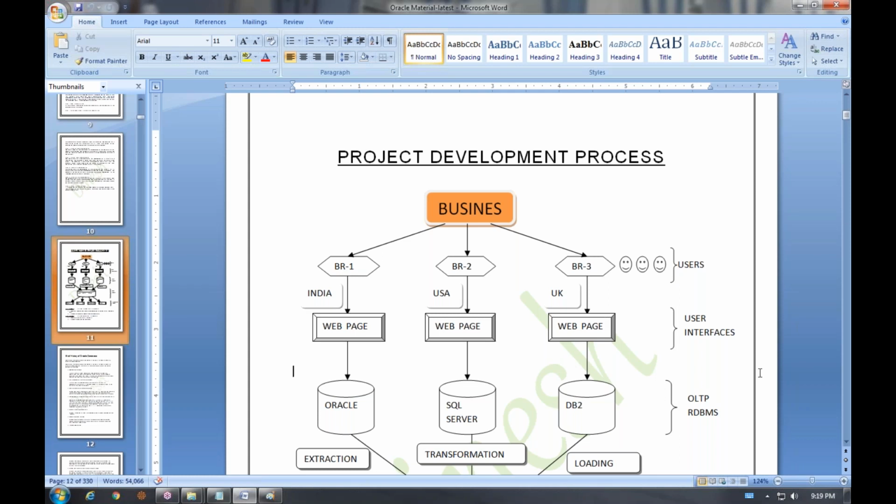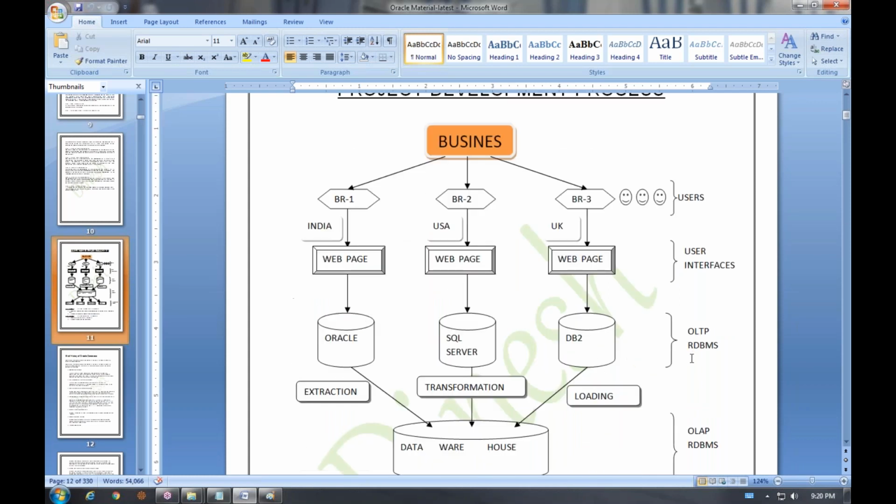So if you want to keep the OLTP RDBMS at higher level performance, always maintain limited data under OLTP. Remember.